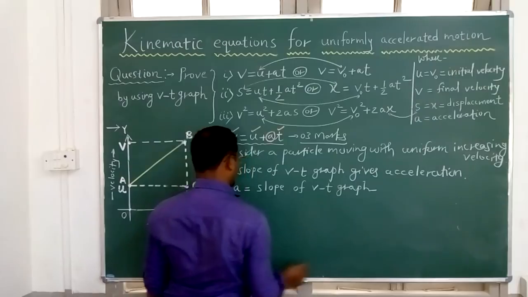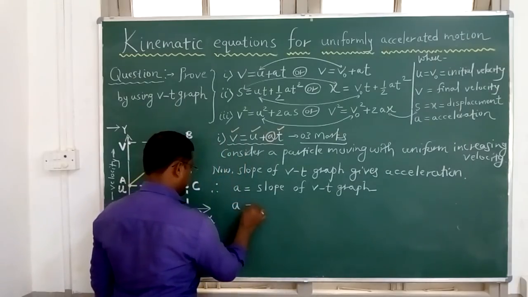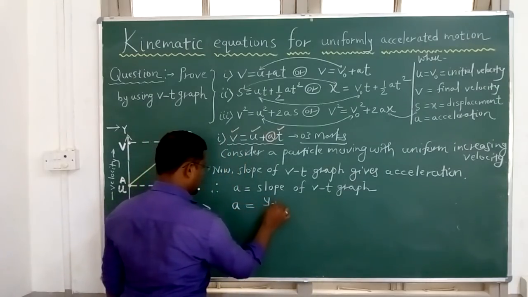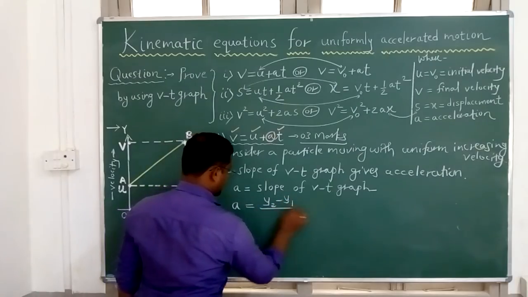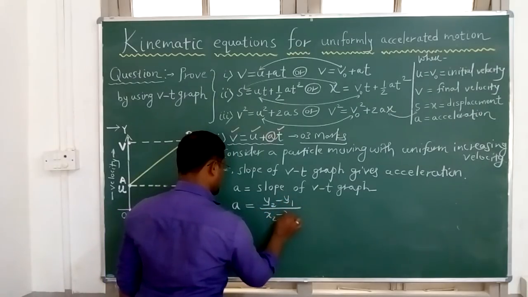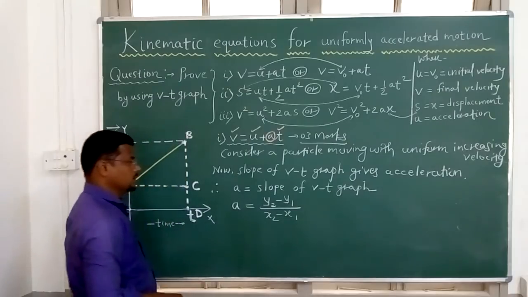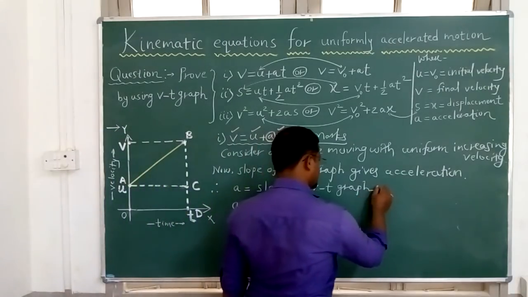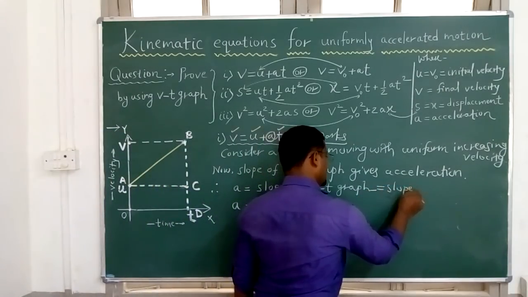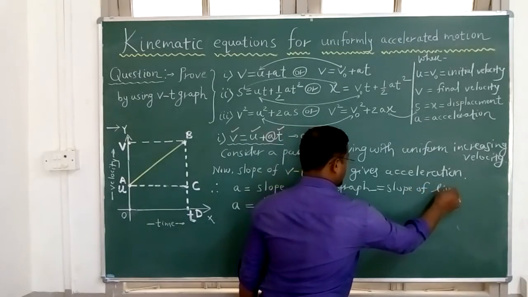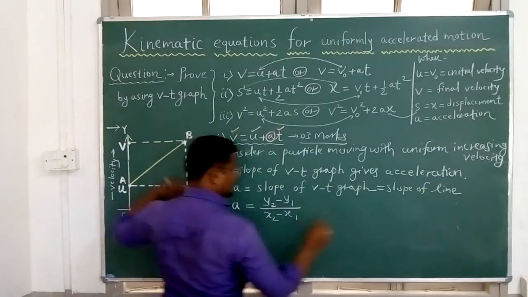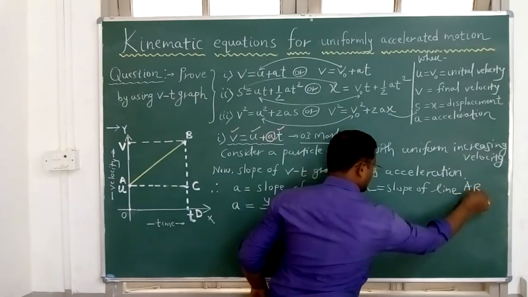And what is the formula of slope here? So this implies acceleration is equal to, slope formula is y2 minus y1 divided by x2 minus x1. Okay, so the slope of the VT graph means the slope of which line here? AB. Slope of line AB.